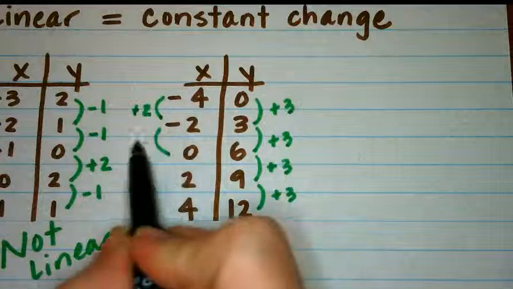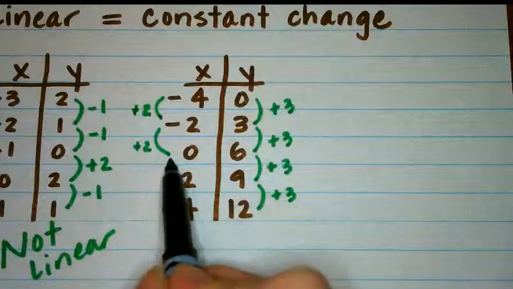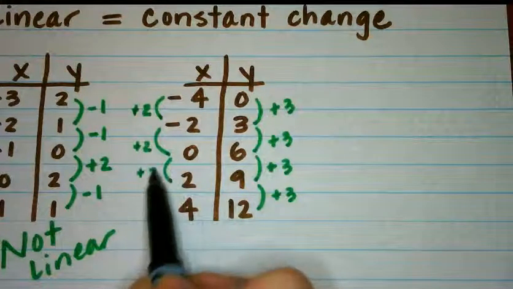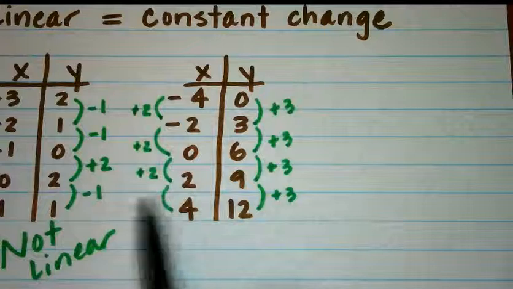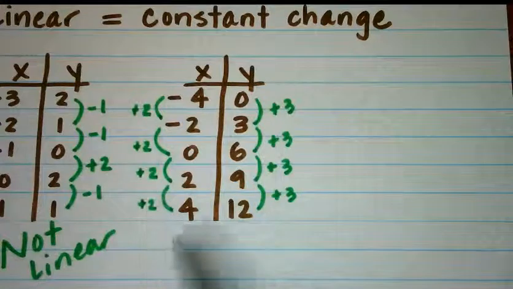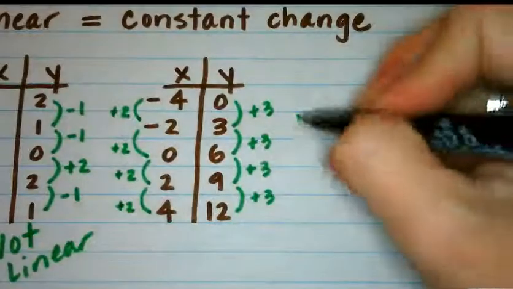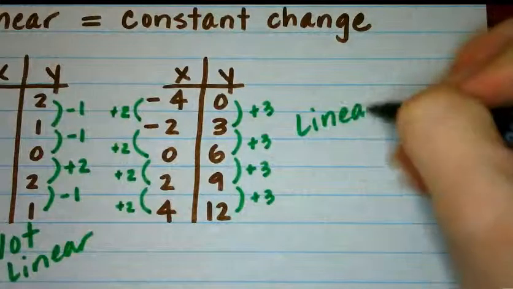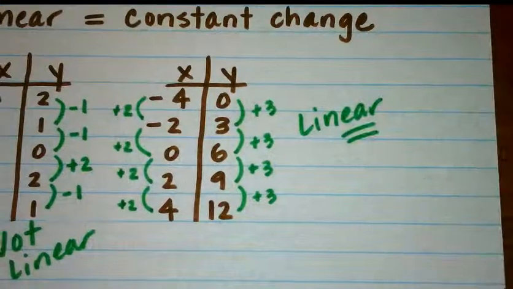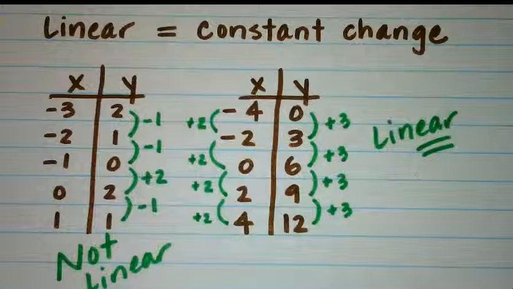There to there, we need to add 2. There to there is plus 2. And from 2 to 4 is plus 2. There's a constant change on both sides, so this one is linear. That sums up Unit 4 on functions.